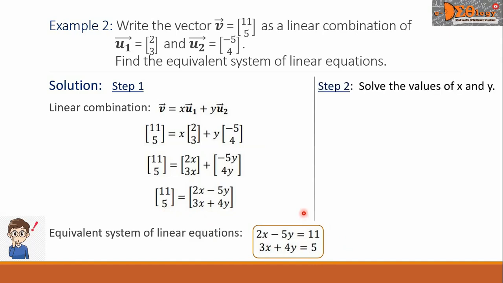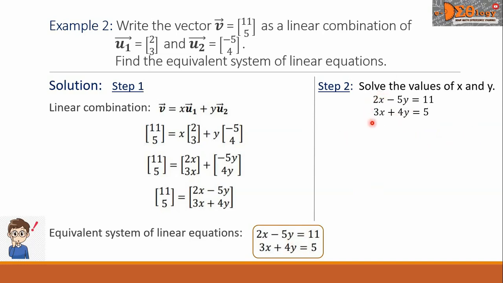Now, for step 2, we're going to solve for the values of x and y. Let us copy our equations in here. Then we can solve this using the methods we are familiar with. We can use elimination, substitution, or matrix. Here, we can solve using elimination.